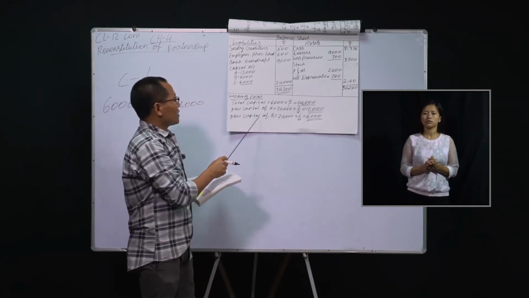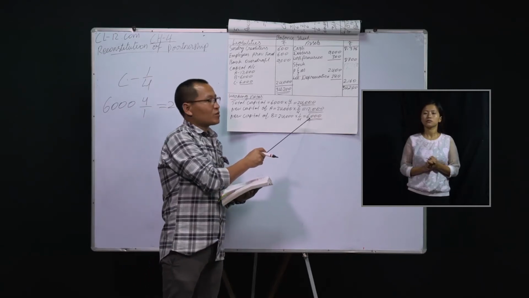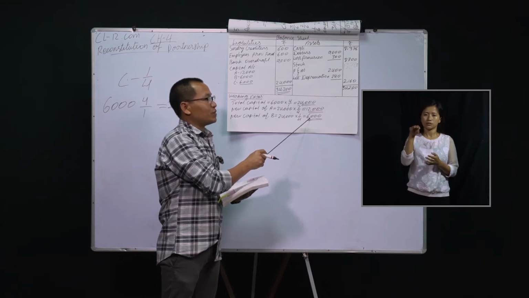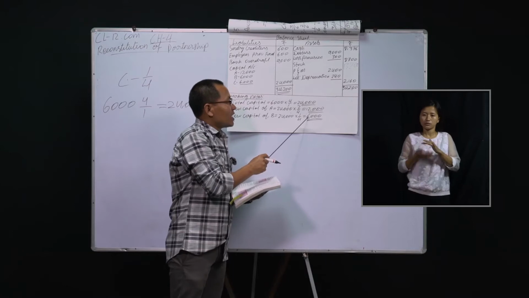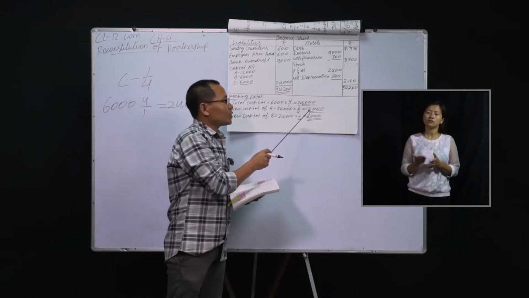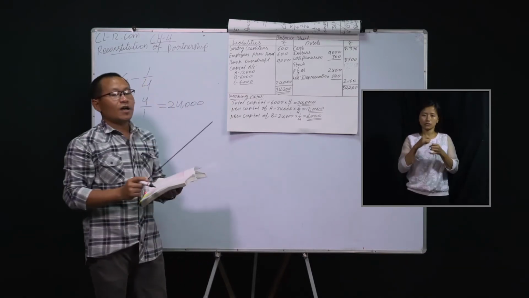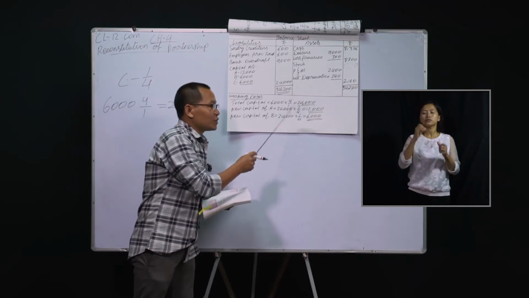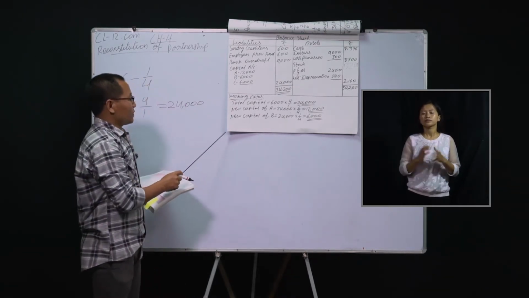And also partner B was 6,000, but there was an excess, so he was paid 1,008 rupees to bring down to the 6,000, and partner A was paid certain amount to make it up to 12,000. This is how the new structure of the capital has to be distributed among the partners of the partnership firm.